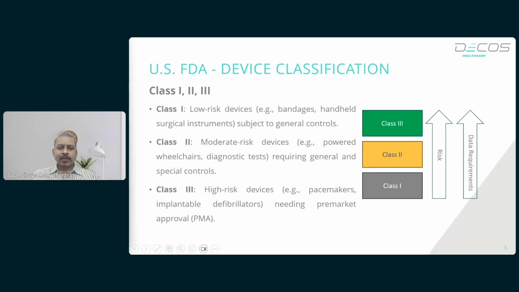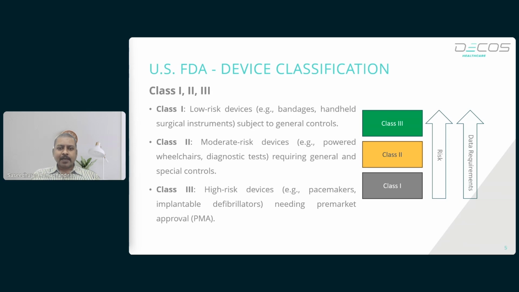In this section, we'll review the key regulatory frameworks that govern medical devices in the US and the European Union, including risk classifications, highlighting their structure and the processes required for compliance. The US FDA regulates medical devices under a tiered system based on the risk the device poses to patients.